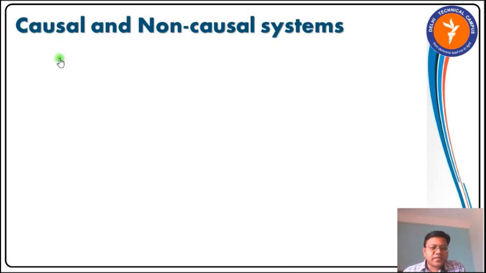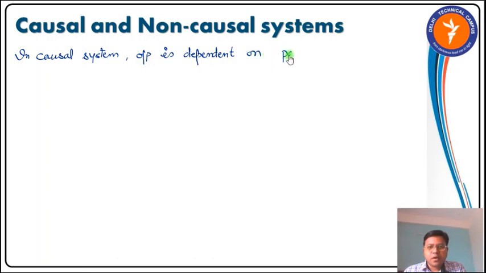Causal and non-causal system. In a causal system, the output is dependent on past, present, or both inputs.